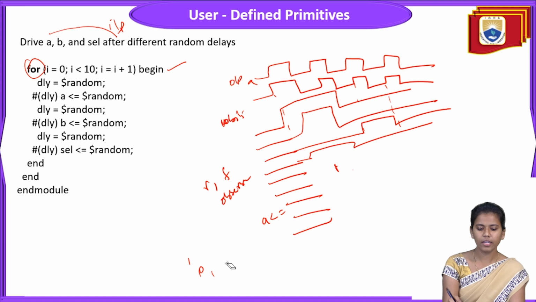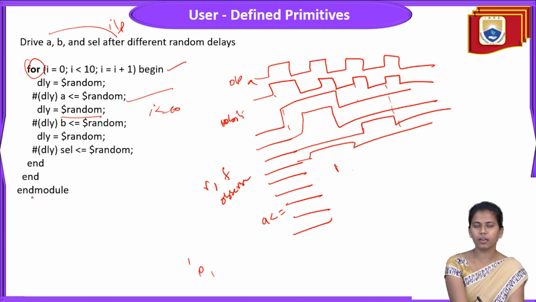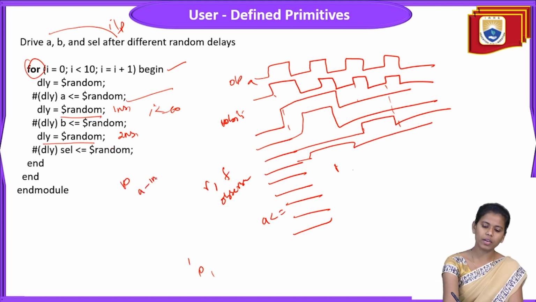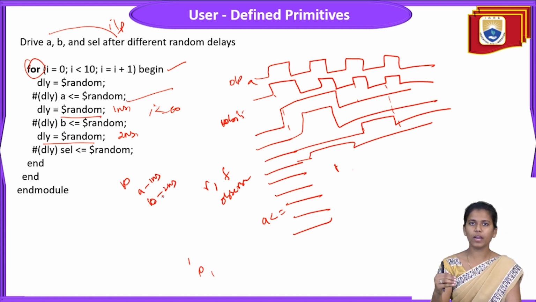So here the delay is random, exactly here with i < 10, right? So randomly, for suppose, 1 nanosecond for A, and for B 2 nanoseconds. And likewise, if I am considering 10 bits, for A 1 nanosecond, B 2 nanoseconds, C 3, 4 and so on.